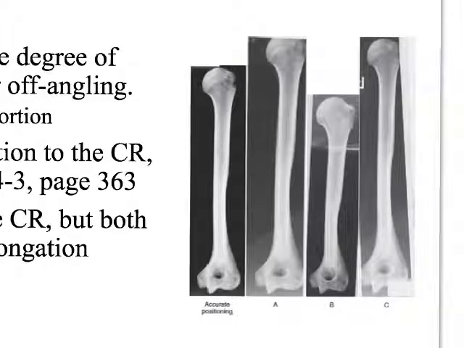So of these examples here, C is an example of elongation, right? Because this part here looks fat, but this part here looks skinny, right? So I know that it's been elongated, right?